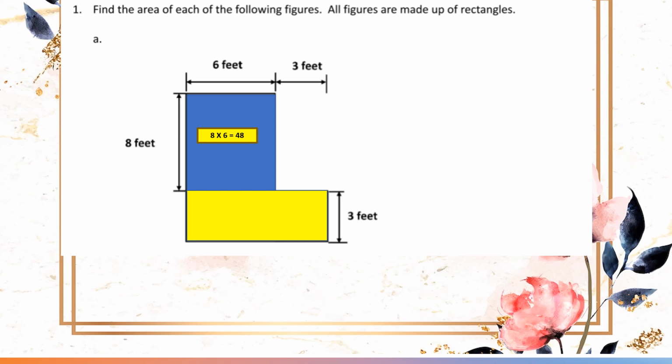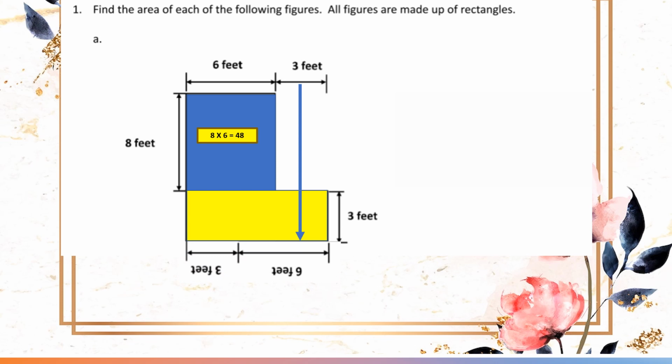All right, now I see that the length is 3, but I don't see the width. Now, there are some clues on this page that give me the width, though, so look at it. At the very top, it shows that the rectangle that we first looked at, the width was 6 feet, but they added another 3 feet to show us that the width for the rectangle at the bottom, right, is actually the 6 feet plus 3 more feet.